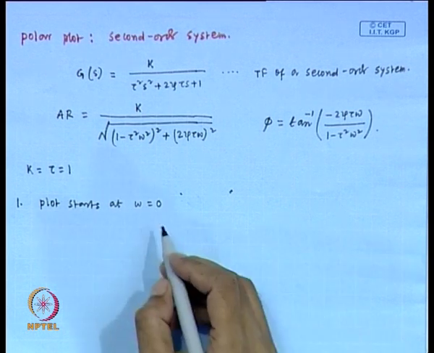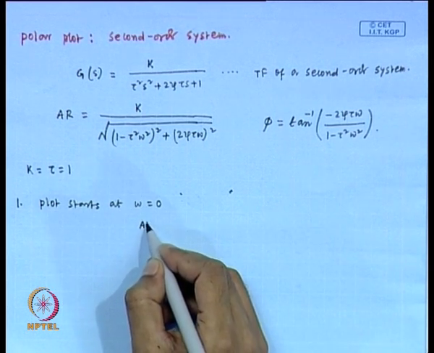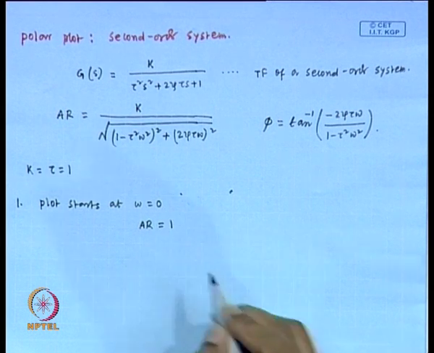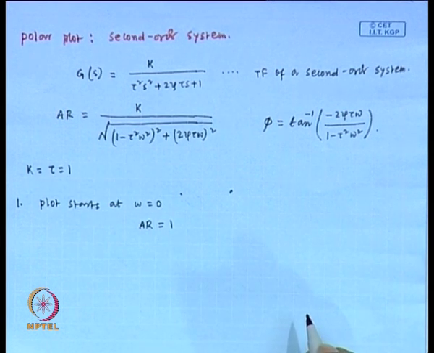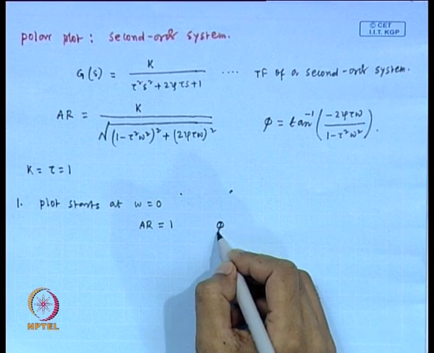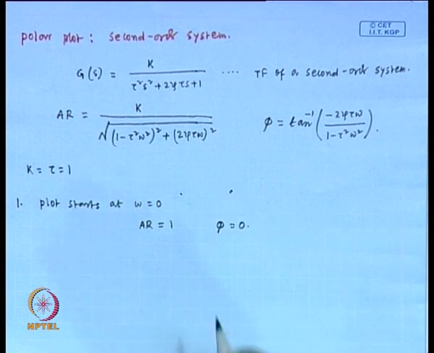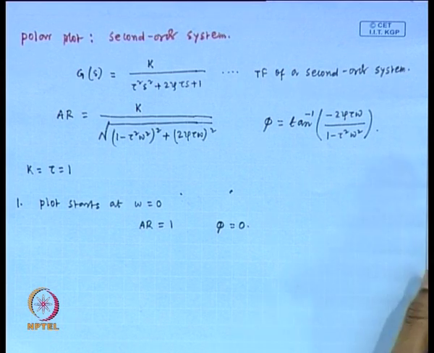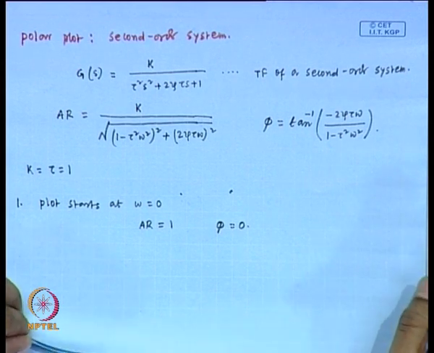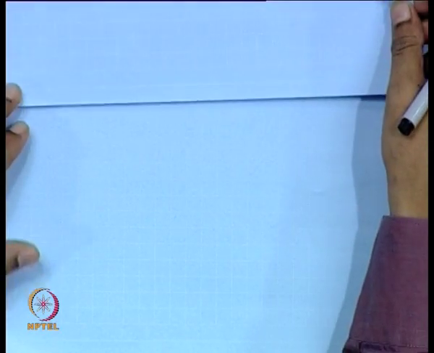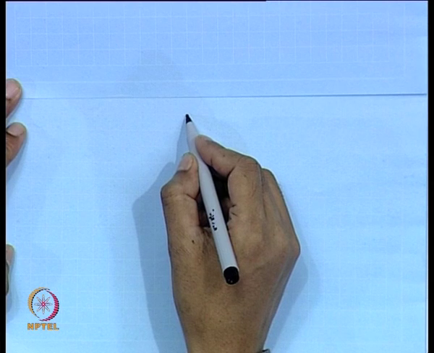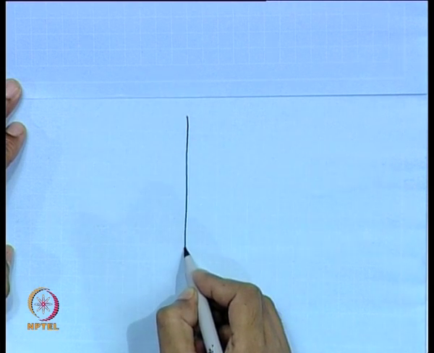What is the corresponding amplitude ratio? 1. How much is phi? Phi is 0. When omega is equal to 0, amplitude ratio becomes 1 and phi becomes 0.